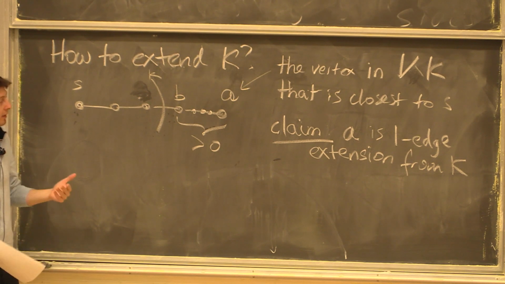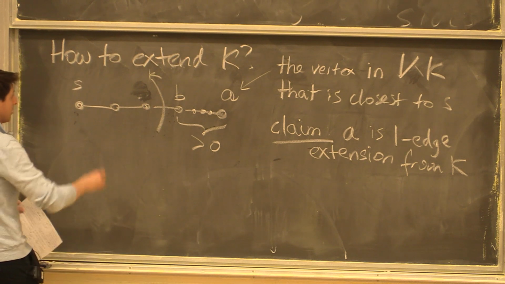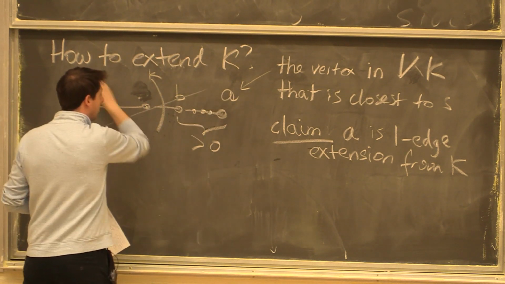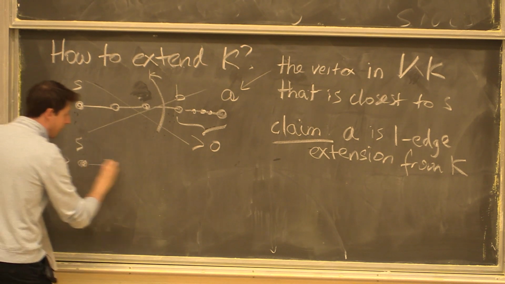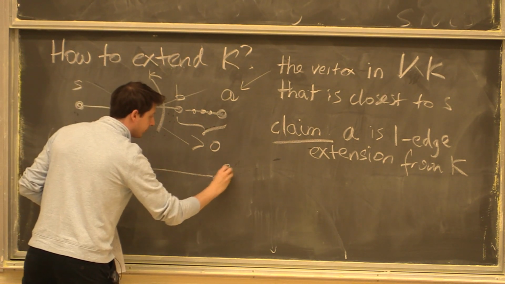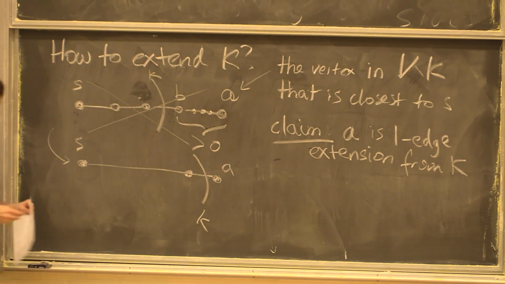So we were correct in assuming that A is a one-edge extension. So this picture cannot hold. The correct picture is that if you pick the shortest path to A, then K is exactly here. It is the first one to be outside, right?